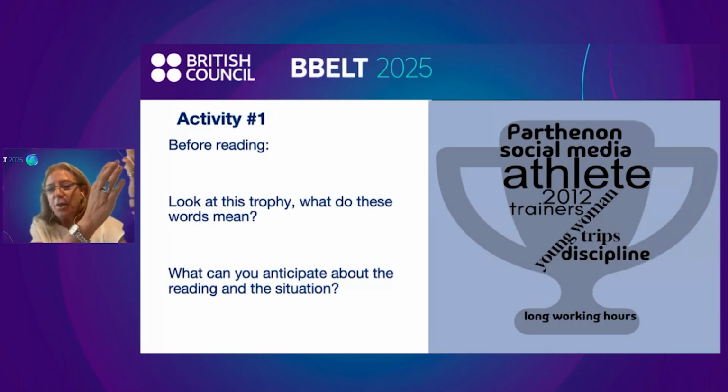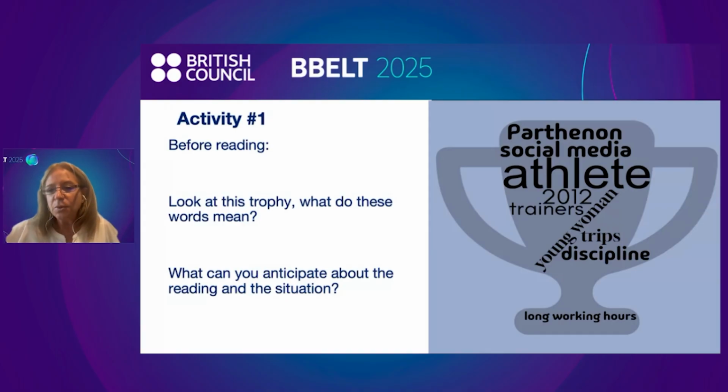All right. Young athletes need to work for long hours, and they have to be very disciplined because they are high performance athletes. They also have to, in connection to the word trips, they usually compete at the regional level, then they go local, they go national and international.